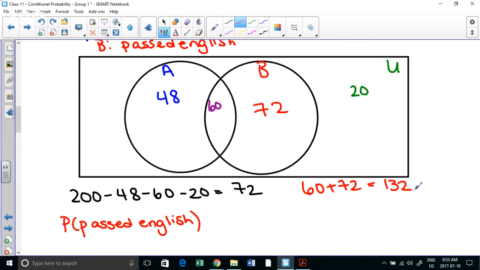That gives me 132. So there are 132 students that passed English out of the 200. So you can just reduce this, and that gives me 0.66, which is the same as 66%. So 66% of students passed English.